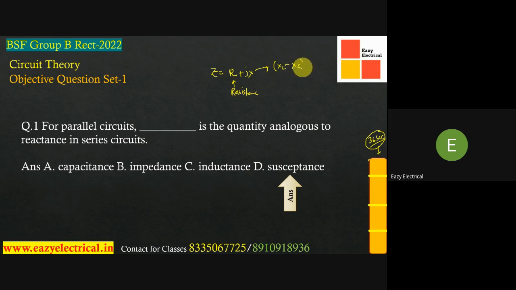We take the difference to calculate the value of X. XL represents inductive reactance, and XC represents capacitive reactance.